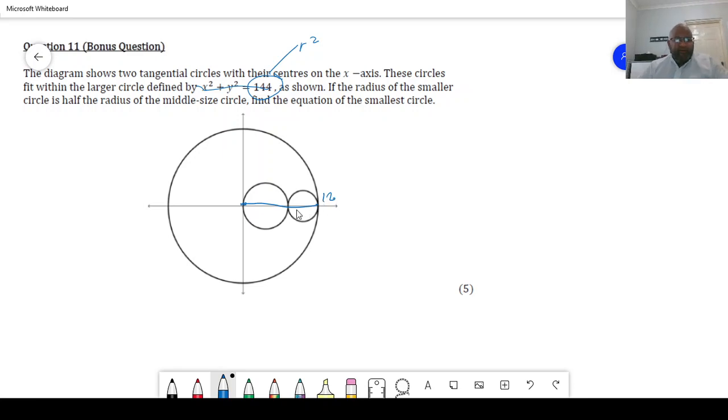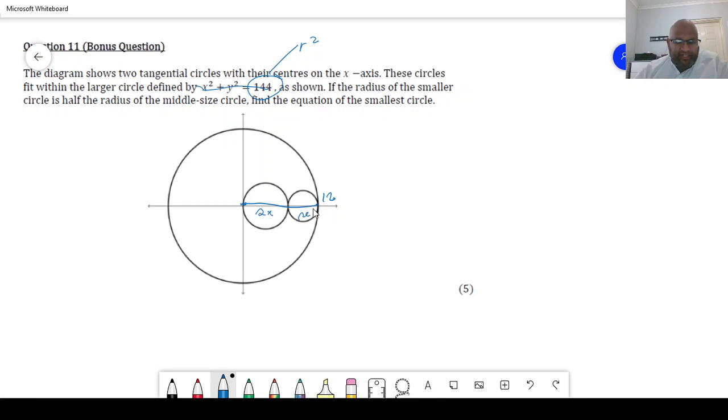Okay, as shown, the radius of the smaller circle is half the radius of the middle-sized circle. So if the radius is half of this circle compared to that circle, then the diameter of the circle, if I call that x, to the diameter of the circle is going to be 2x.